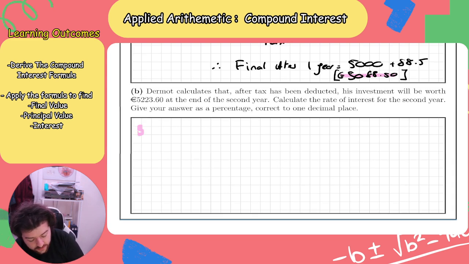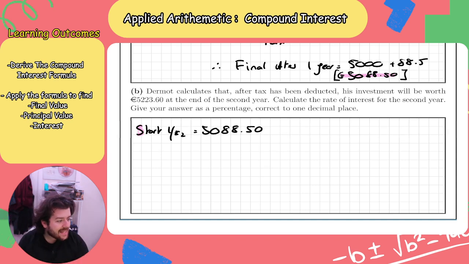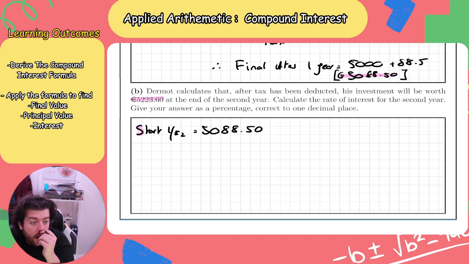So start of year 2, he had €5,088.50. Now at the end of year 2, he has €5,223.60. So let's first calculate the interest, and find out how much he gained from that.